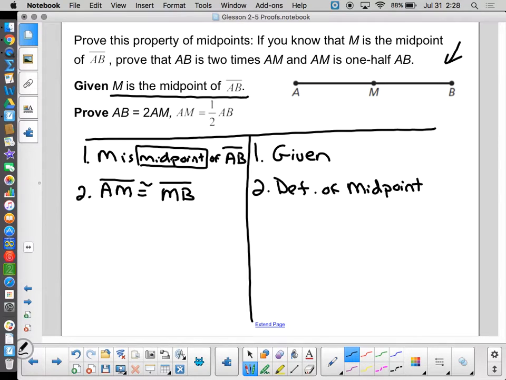What does it mean to be a midpoint? What is the definition of midpoint? It tells us that segments are congruent. If they are congruent, it means they have the same measure. So AM equals MB. So that's a definition of congruent.